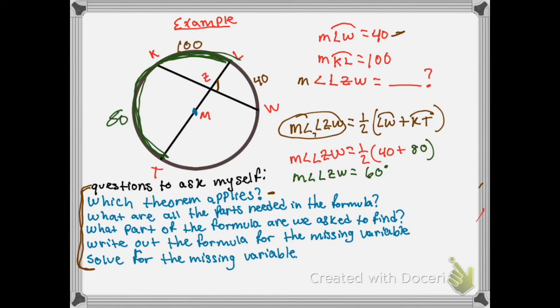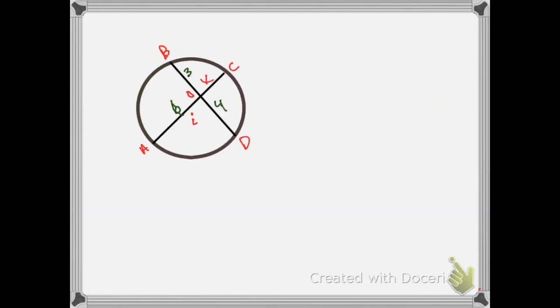Now you also apply these 5 questions when solving any problem. Here's another one. Okay, well, in this case, I have to solve for OC, okay? The length of OC. What is the measure of OC? Well, which theorem applies? Again, for this one, I'm solving for a segment, okay?